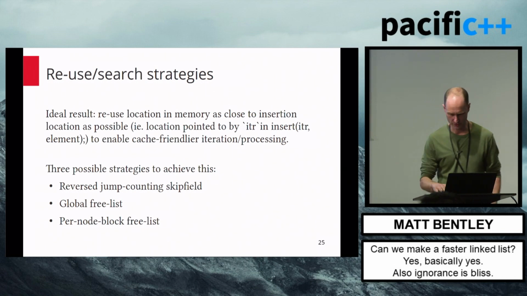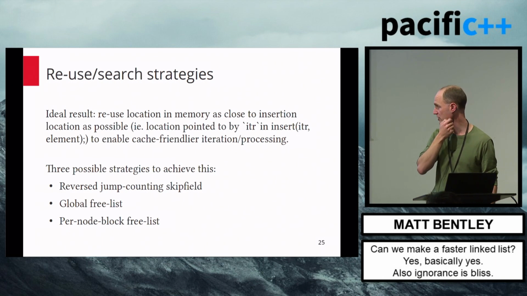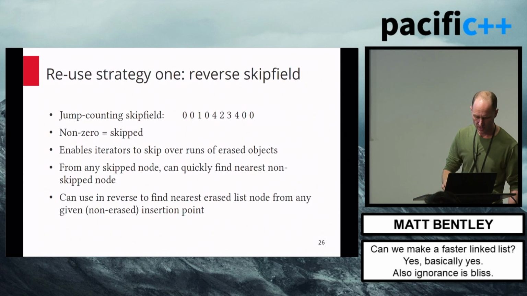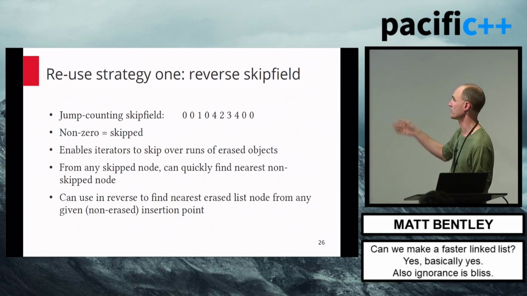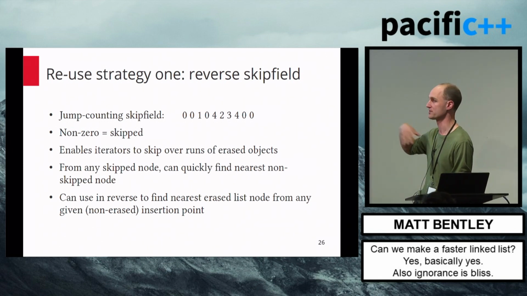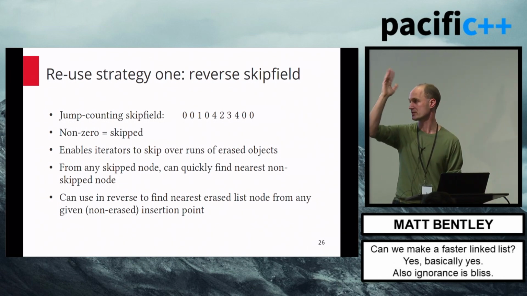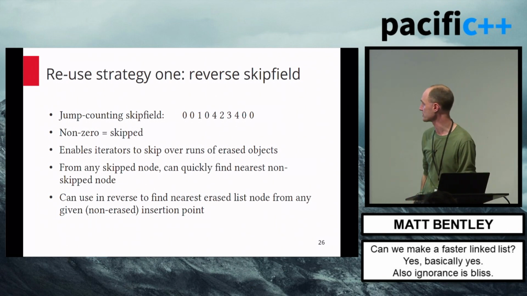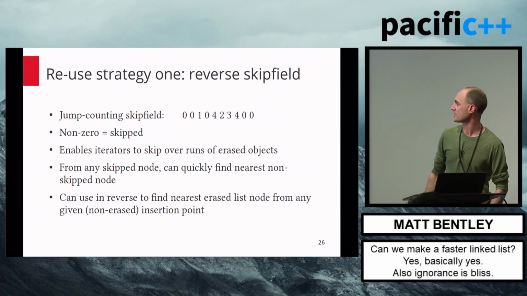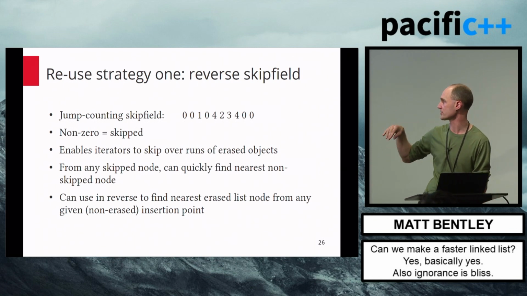So I came up with 3 different strategies, and over about a month and a half, tried all 3 of them. First one is a reverse jump counting skip field. This is a numeric pattern which allows iterators to skip over runs of erased nodes. So in terms of the sequence that's up there, that's 0, 0, 1, skip 1, 0, 0, 4, skip 4, etc. One of the secondary properties of this is that from any skipped node, you can quickly find the nearest non-skipped node.